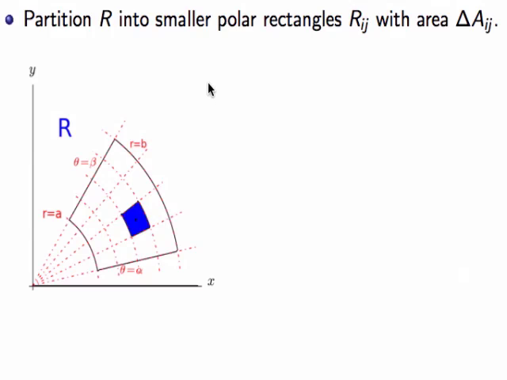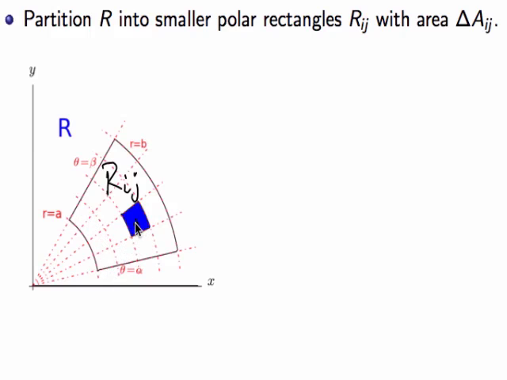So the way we do this is exactly analogous to what we did in our standard rectangular coordinates. What we do is we partition our region R into these smaller polar rectangles. Each one of these curves is r equals a constant or theta equals a constant. Okay, and so one of these is highlighted here. So the generic one is R sub ij, i measuring the index for these boxes going this way, and j being the index for these going this way.